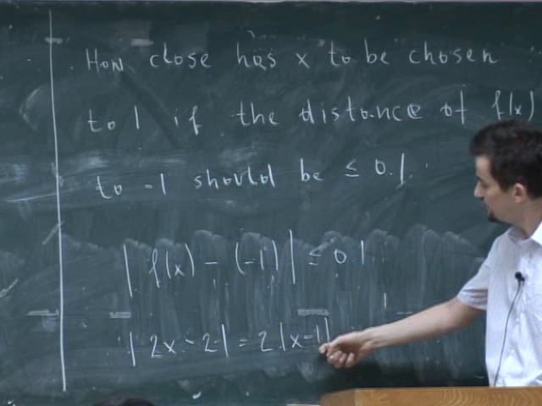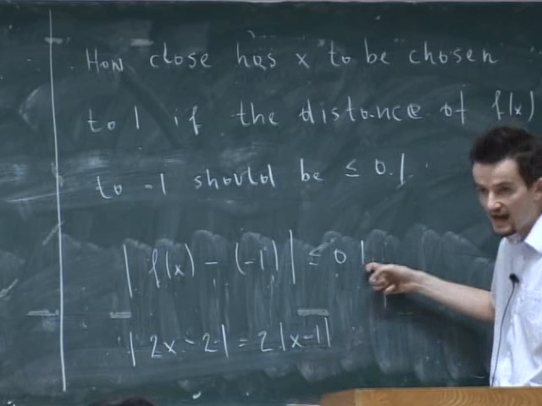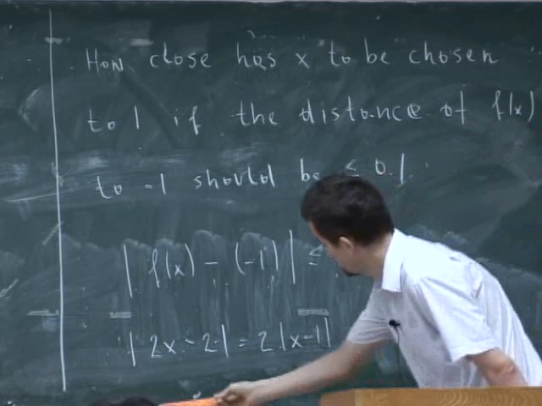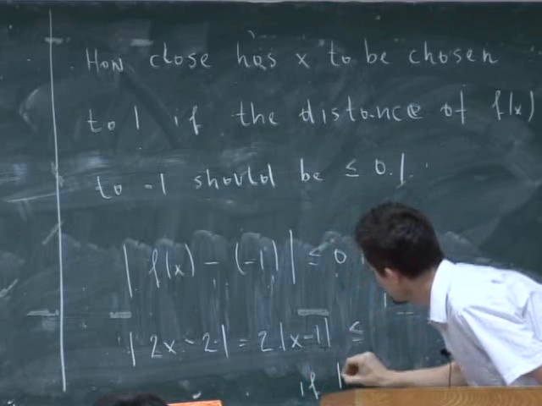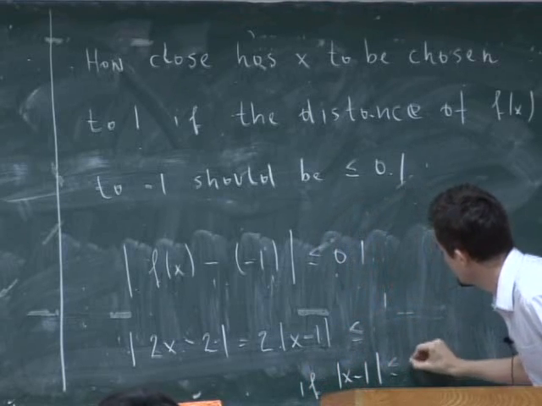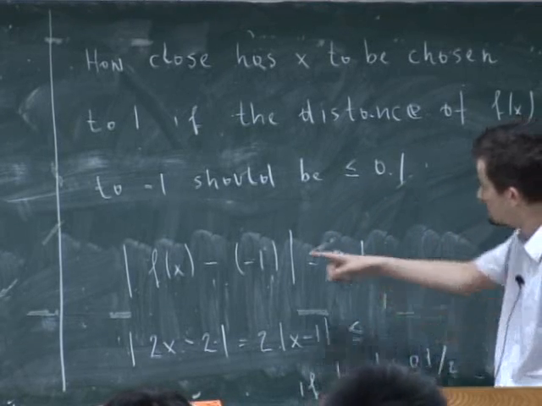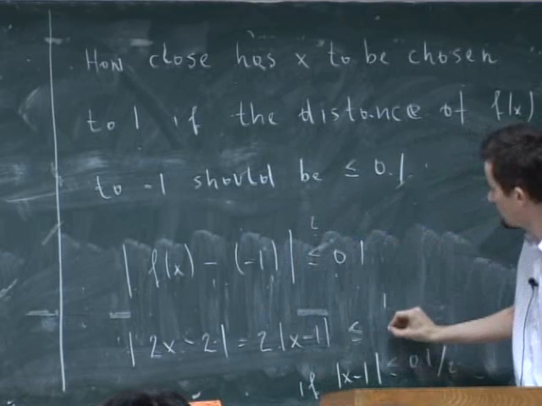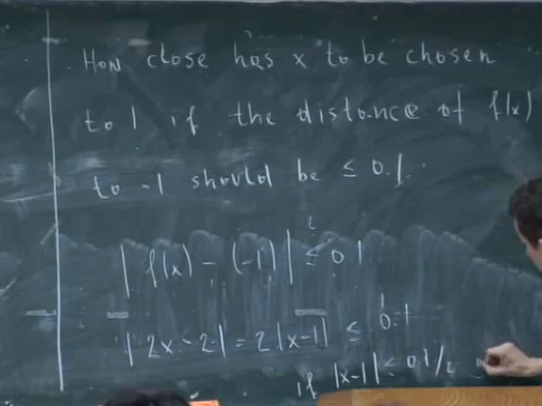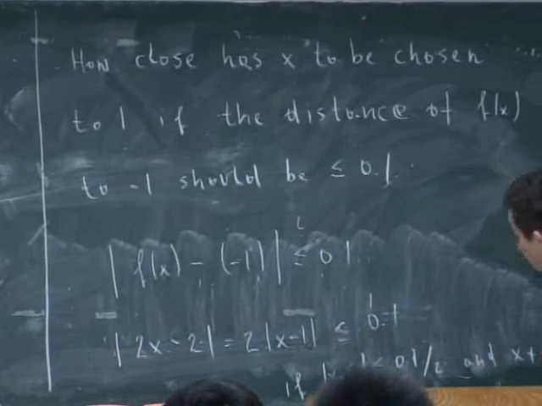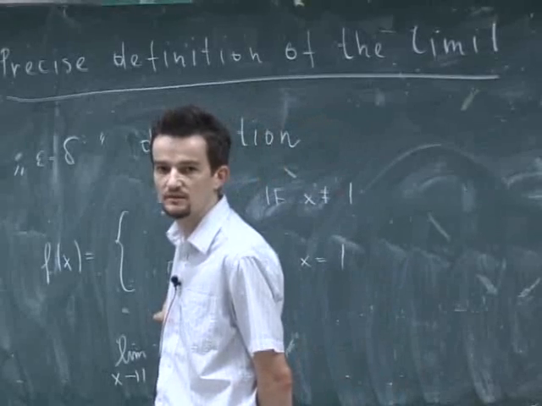And now we see, if we make the distance between x and 1 smaller or equal than 0.1 over 2, we will have achieved our goal. Namely, this distance will be smaller or equal than 0.1. But of course, we have to stay away from 1, otherwise this is not true, because of this exceptional value here.